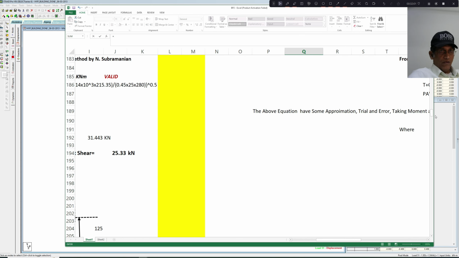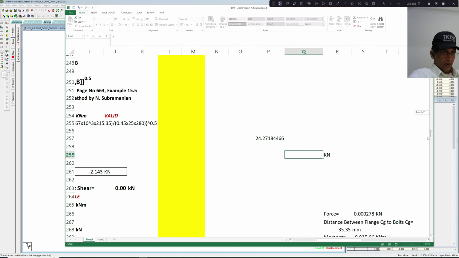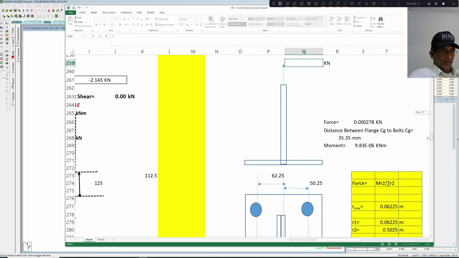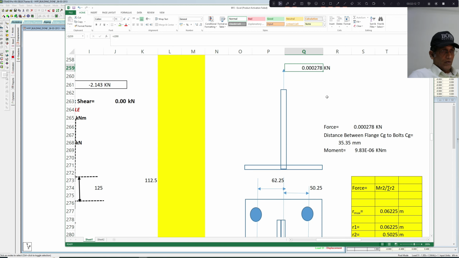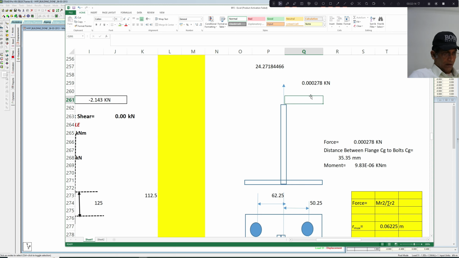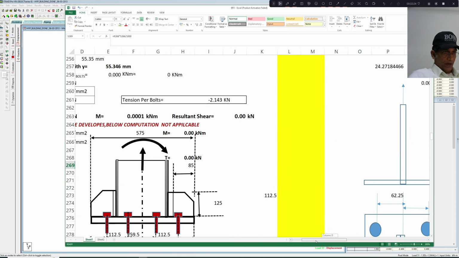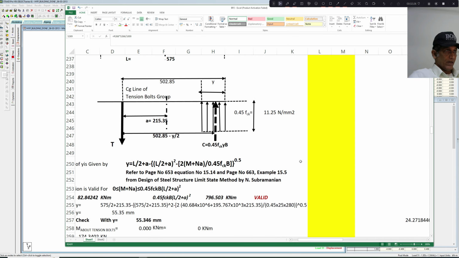See, on the side of this Excel sheet, I have given a computation of how the tension could be, how the extra moment could be calculated. So you can read that moment from the tension bolt and feed it here, and add this moment manually to this resultant moment.